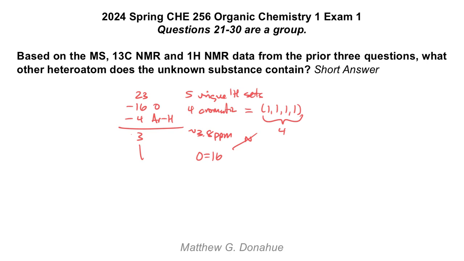So that belongs to the last signal, 3.8 ppm. And so what is that? That's going to be OCH3. So again, the chemical shift of 3.8 indicates that those 3 hydrogens are bonded to a heteroatom because they're shifted further away from 0.